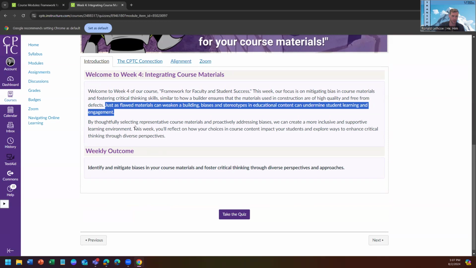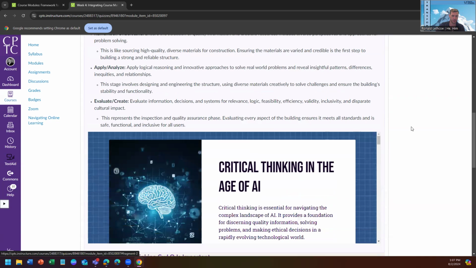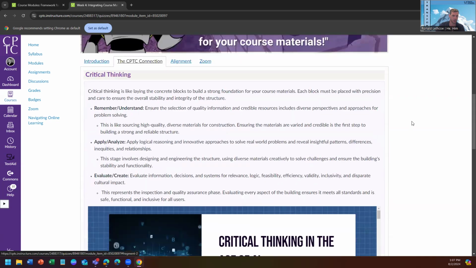The flawed materials can weaken a building, bias and stereotypes in educational content can undermine student learning and engagement. If we head over here to the next tab for the CPTC connection, we've got the critical thinking part of the course-wide learning outcomes.